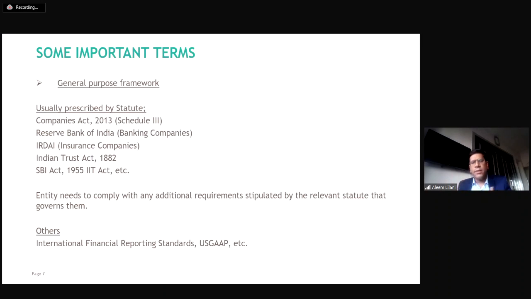These are specific acts which will have their own requirements mentioned inside their statute. So if you are an auditor of a trust or insurance company, bank, of course, or an entity which is statutorily driven by an act which governs it, you need to get into that act to see what is the framework prescribed there.